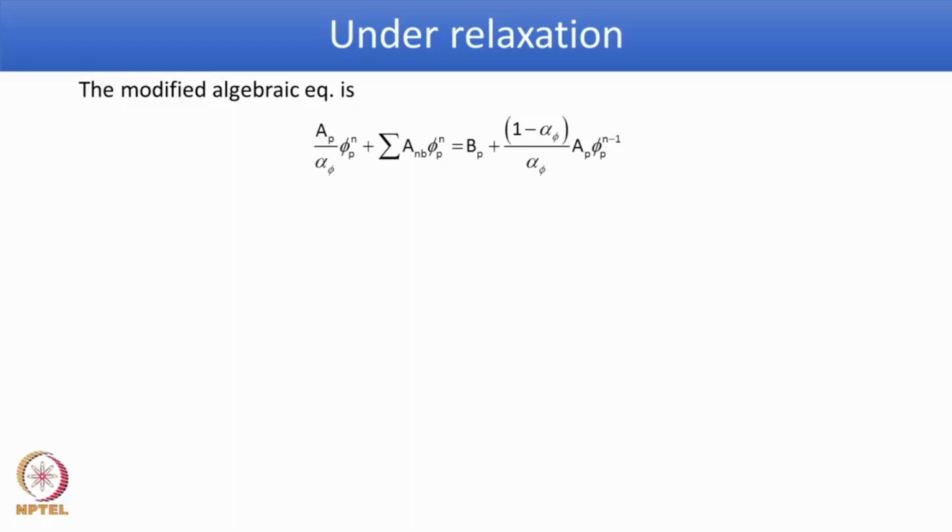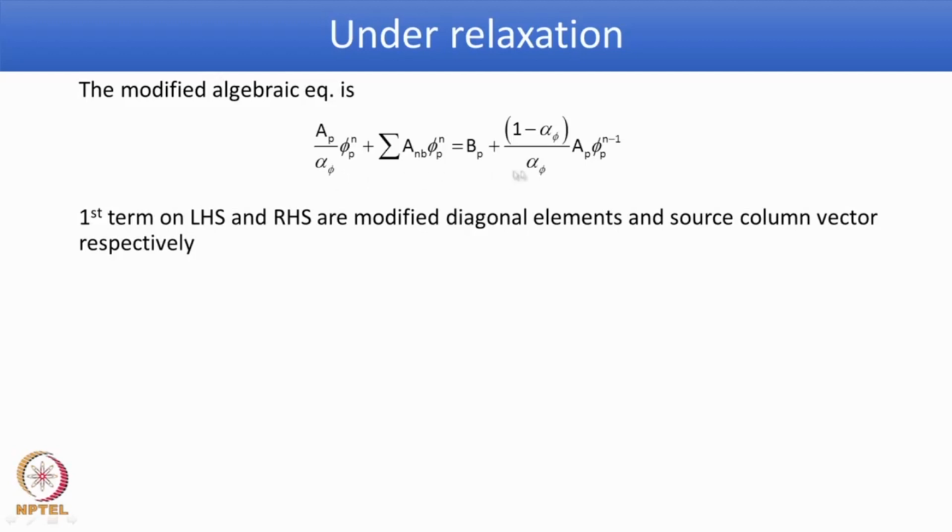Now, if you employ that under relaxation procedure in the linear system of equations, they get rewritten in the form as shown here, including the relaxation factor. In programming it is easy, all that you have to do is specify alpha at the beginning of the calculation, then the values are adjusted according to the expression as shown here. The first term on the left side and the term on the right side are the modified diagonal elements and source vector respectively.